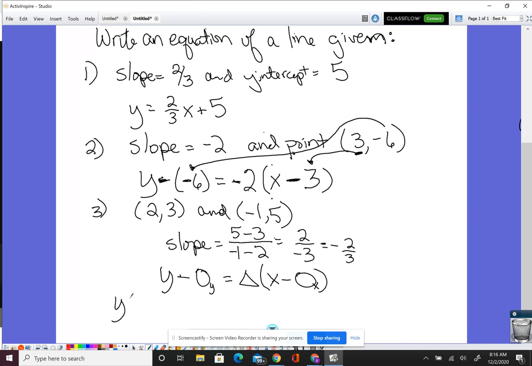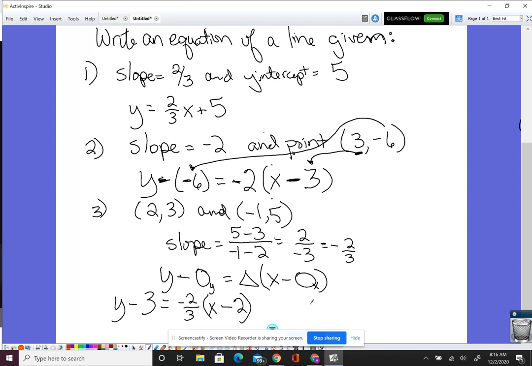So my equation is going to look like this. y minus the y-coordinate of the point, which is 3, equals the slope times x minus the x-coordinate of the point. That is one equation that goes through the point (2, 3) and (-1, 5), because we calculated the slope out to be negative 2/3, and we used one of those points.